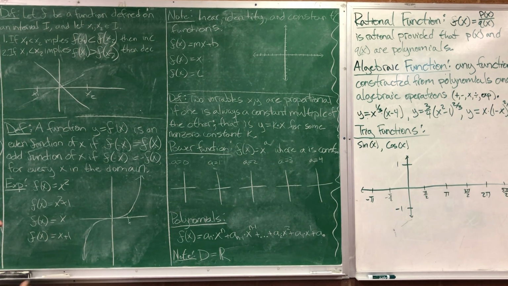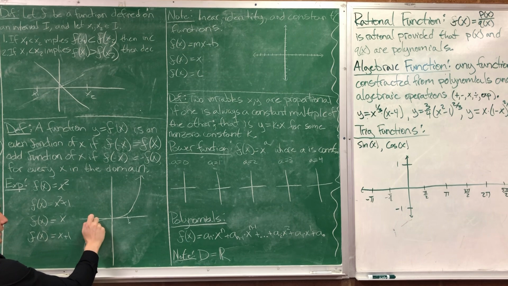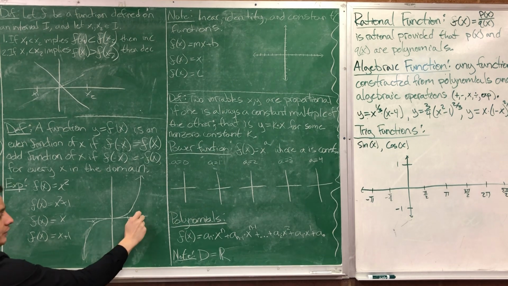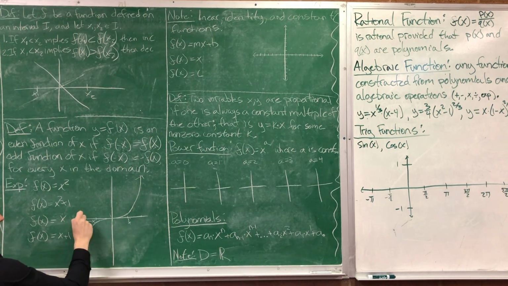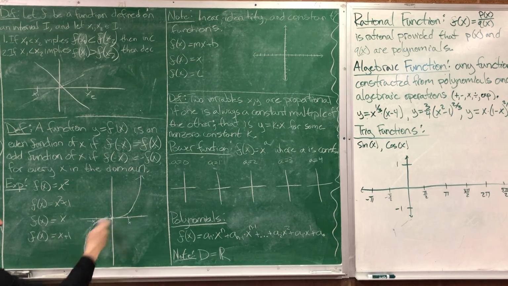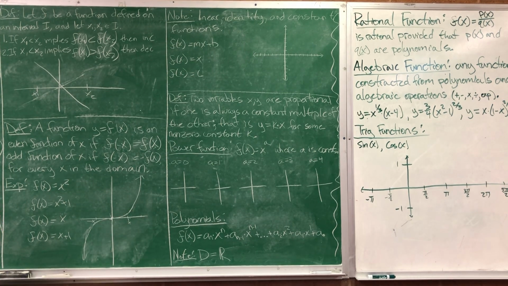Then negative x gives me the exact same height, but in the opposite direction. So if right here I get a height of 10, then at that point I get a height of -10. That makes it odd. So odd functions have symmetry with respect to the origin. If you reflect this across the origin, you land in the same place. Even functions have symmetry with respect to the y-axis.